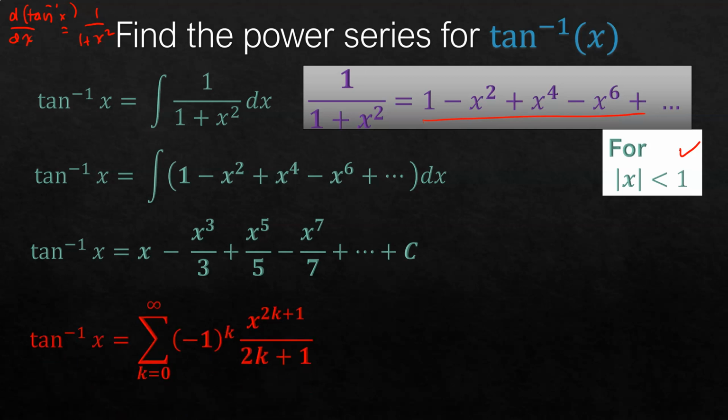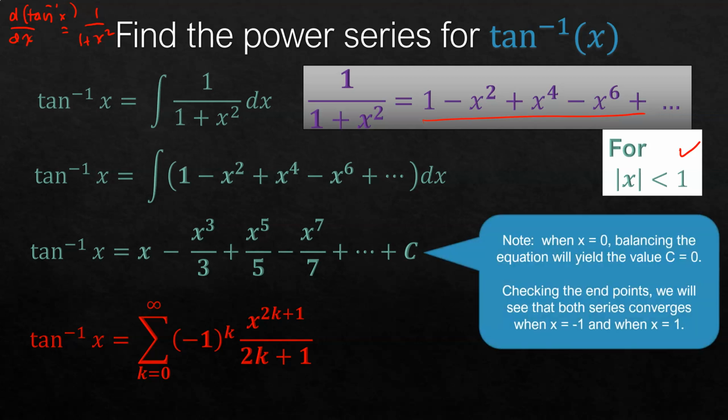Now we do have to reconcile the c, right? So how do we do that? Again, when x is equal to 0, when you're balancing out the left-hand side and the right-hand side, you will see that c is equal to 0. Okay. Now again, the interval of convergence that we started out with is going to be in between -1 and 1, not including the endpoints.